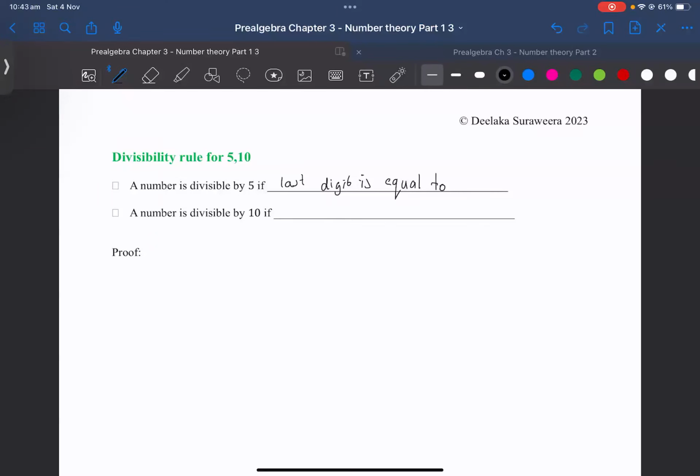If it has a 5 or 0. Yeah, very good, Sarah. Thank you. And what about 10? Numbers are divisible by 10 if the last digit is equal to 0. Very good. Excellent.